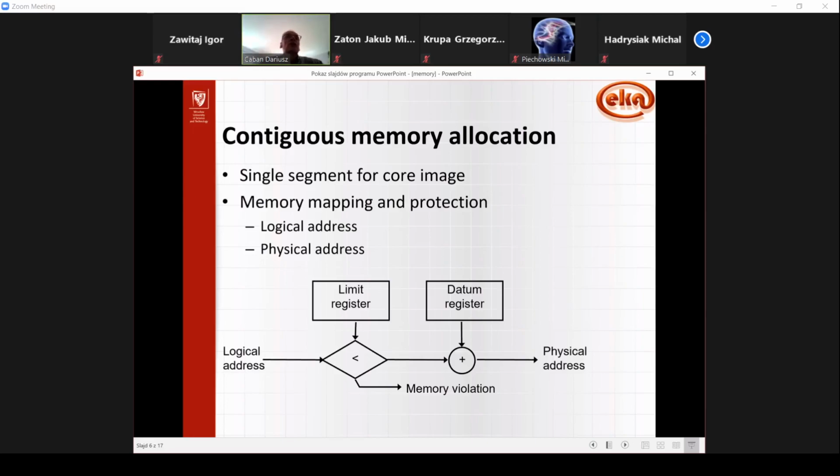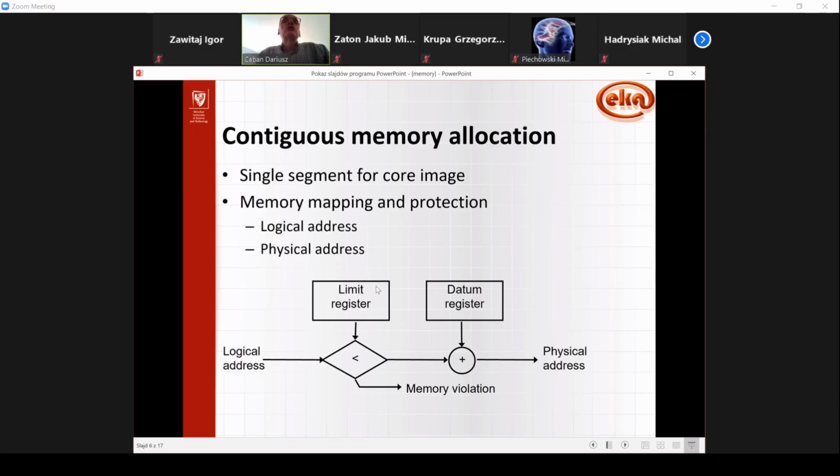Okay, so when you have memory and you are loading a program, you are loading the program to physical addresses, and inside the program you are using code which jumps to logical addresses. So when you allocate some memory, you find that some memory is free, and you say, okay, this program runs in that memory.